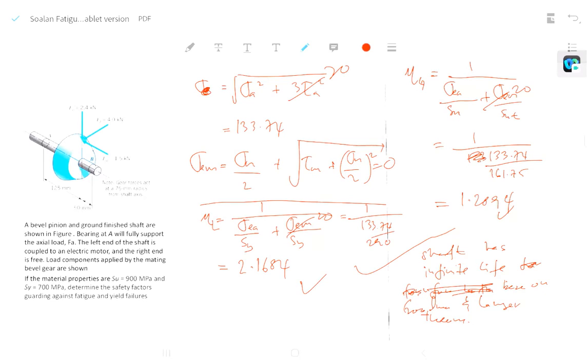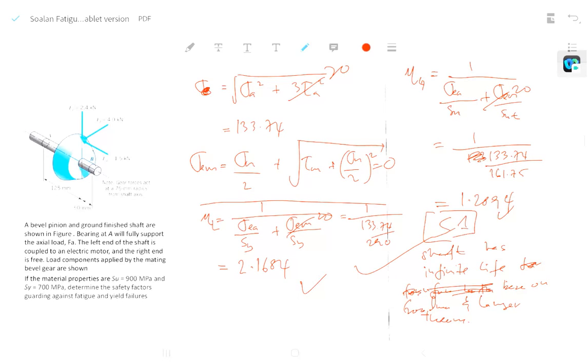Safety factor is safe. If one of them gets less than 1, like Goodman gets less than 1, okay, this is only a prediction. Based on the Goodman theory, the shaft has finite life, meaning it will break in certain cycles.